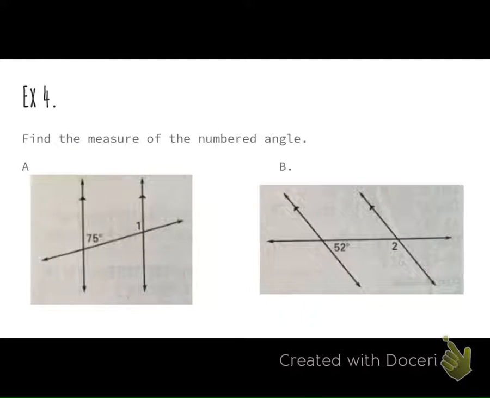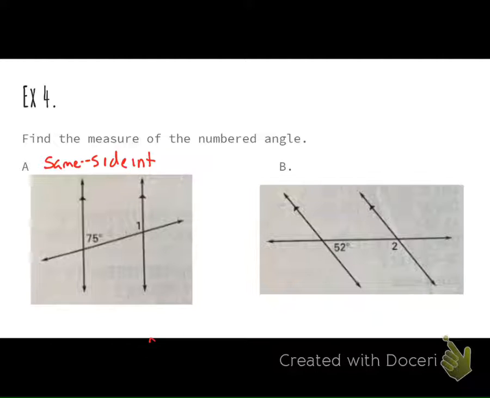On this one, angle 1 and the 75-degree angle, what is the relationship? Same side interior. Let me write it out. Same side interior. What do we know about same side interior? They're not going to be congruent. What do we know the measurement of that would be?